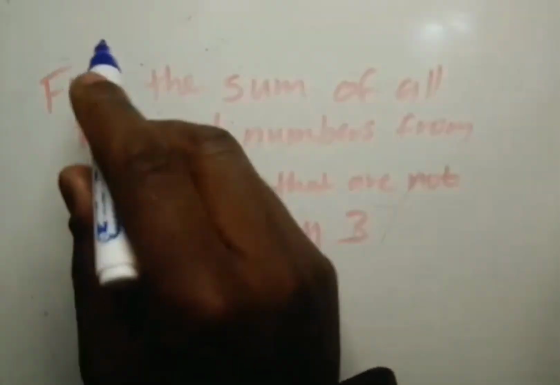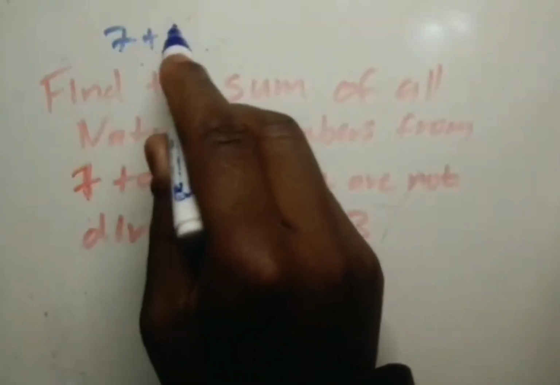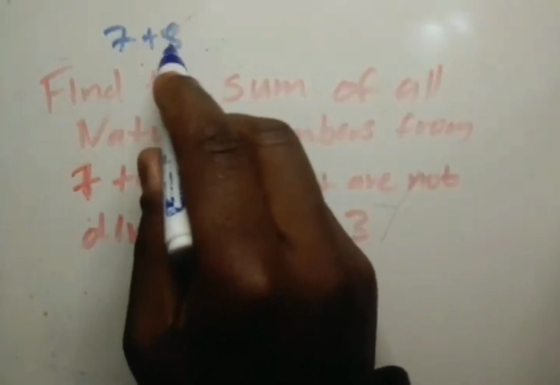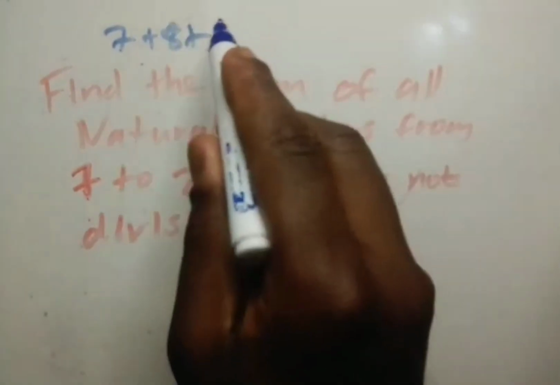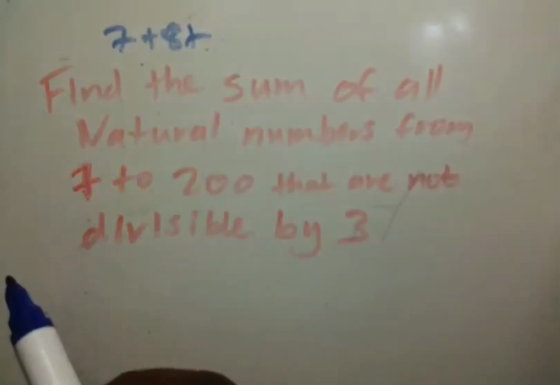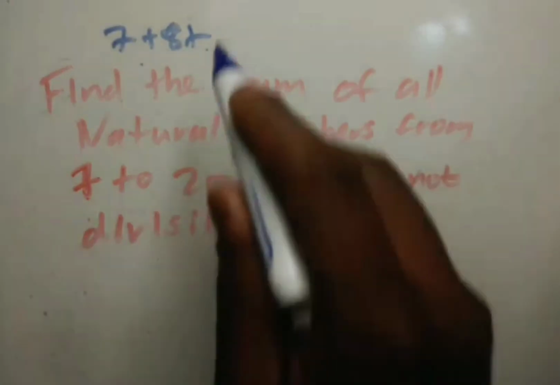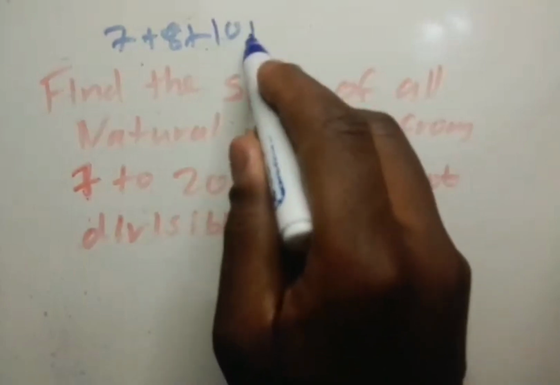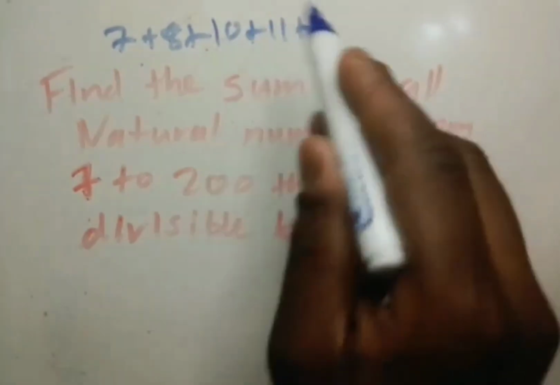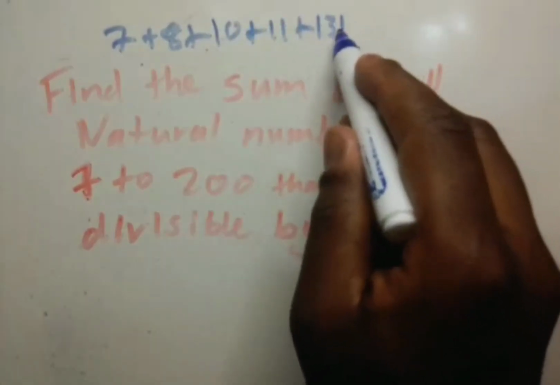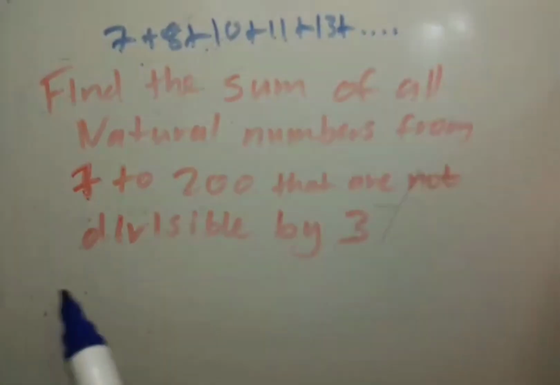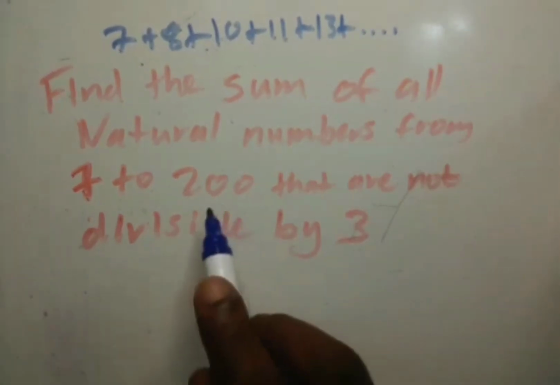So we're starting from 7. We're saying 7 plus 8 plus, now instead of 9 we skip, because we want the ones that are not divisible by 3, so we have to exclude all the multiples of 3. So we'll say plus 10 plus 11 plus, instead of 12, it's now plus 13, then plus dot dot dot, up until 200.